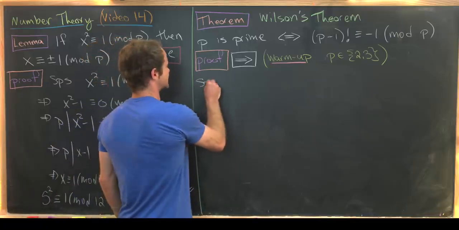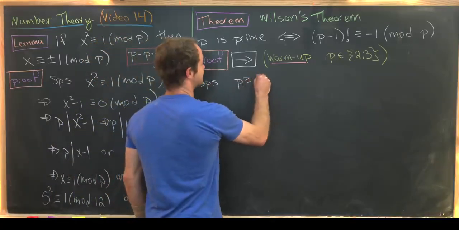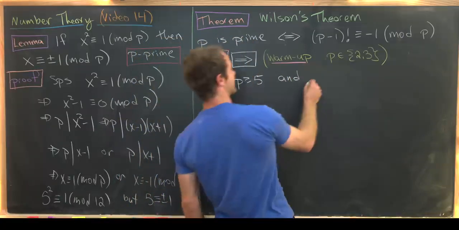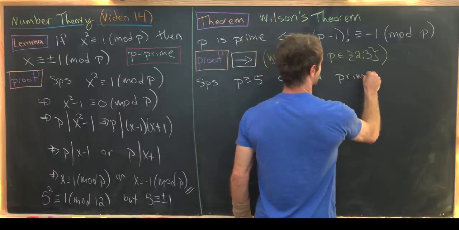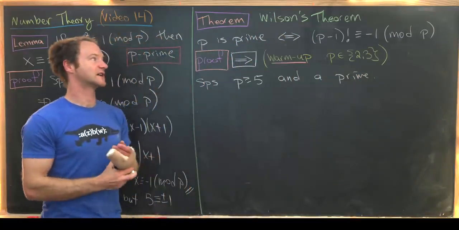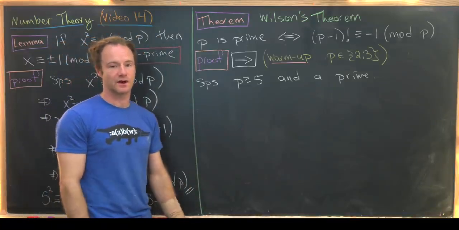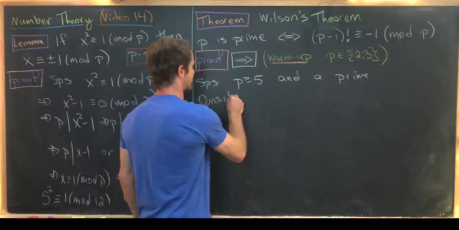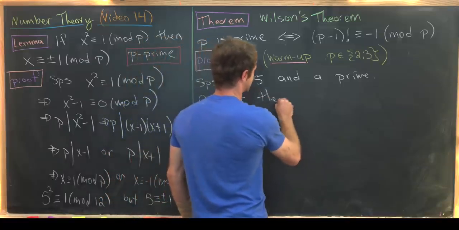So now let's suppose p is a prime number bigger than or equal to 5. We want to end up with the fact that (p minus 1) factorial is congruent to minus 1 mod p. Okay, so how can we do that? Well, let's consider the following set.